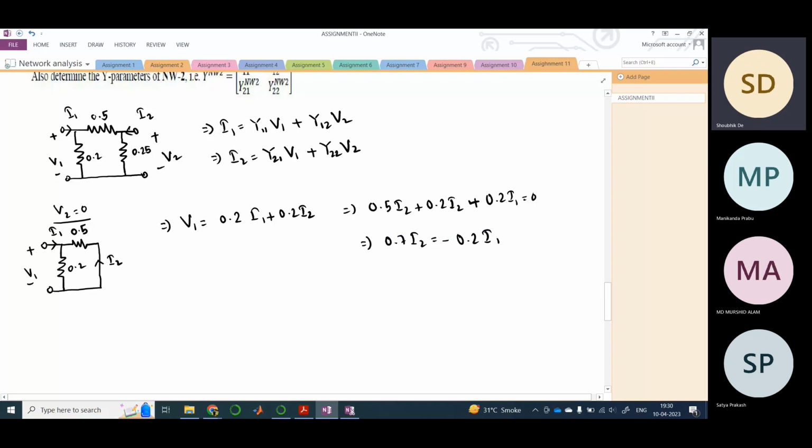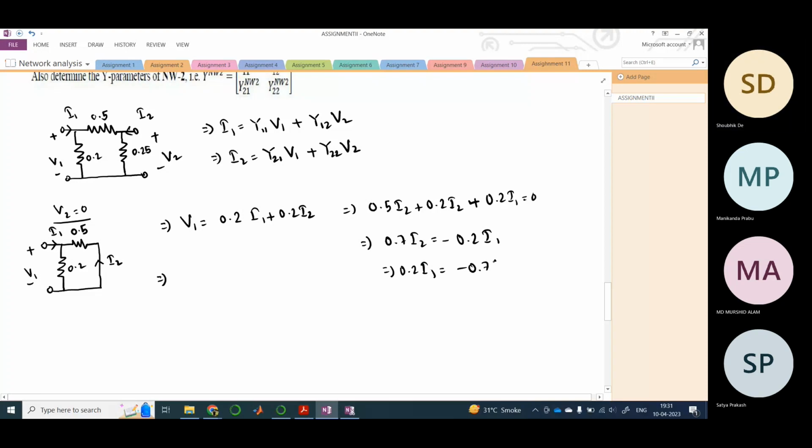Now we will just substitute this here. So let us write it like this: 0.2 I1 equals minus 0.7 I2.